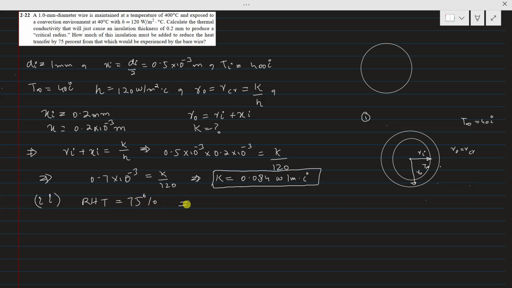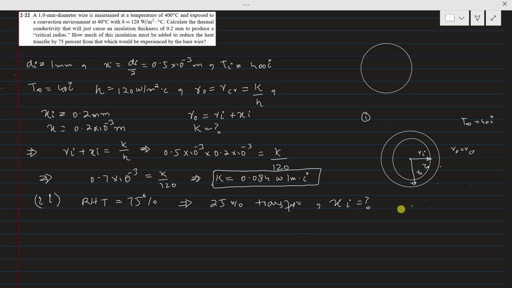It means that only 25% of the heat transfer will occur, and this 75% will be stopped by the insulation that is provided. So to reduce the heat transfer by 75%, what insulation thickness must we provide? That is also our requirement in the second condition to calculate.